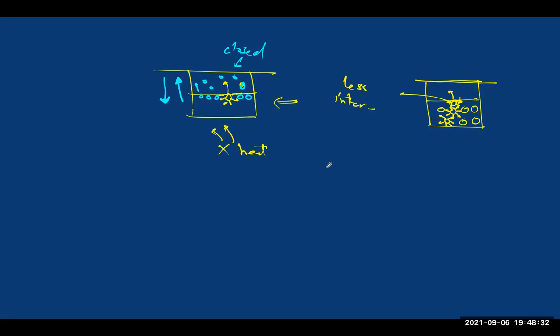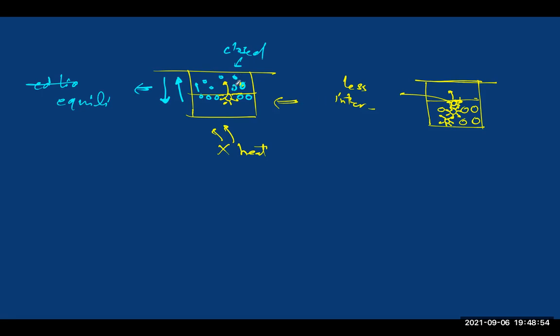So we will have two reversal processes happening here. After some time, we will reach equilibrium. And when we reach equilibrium, the rate of evaporation will be equal to the rate of condensation.